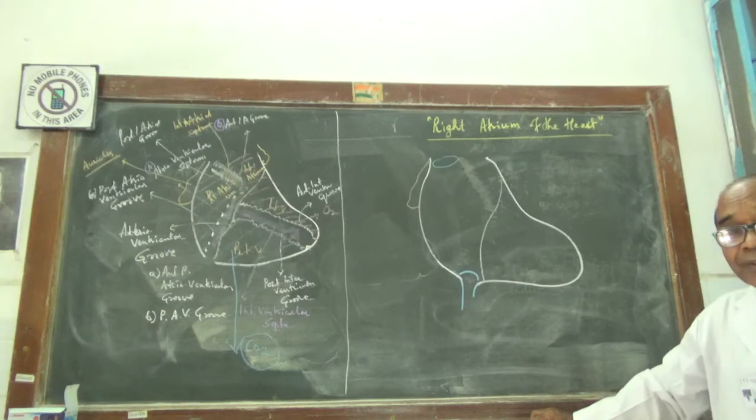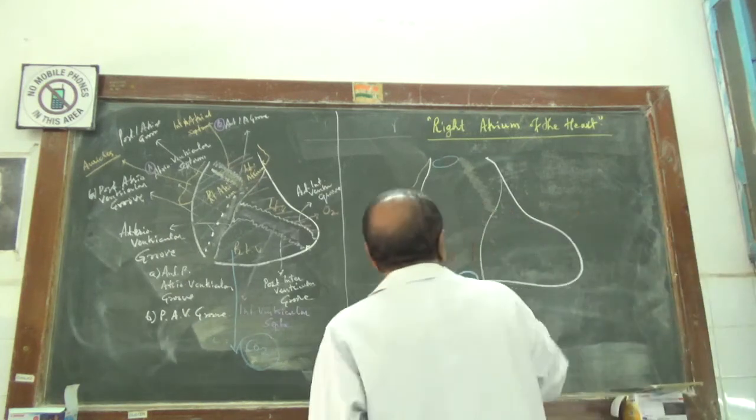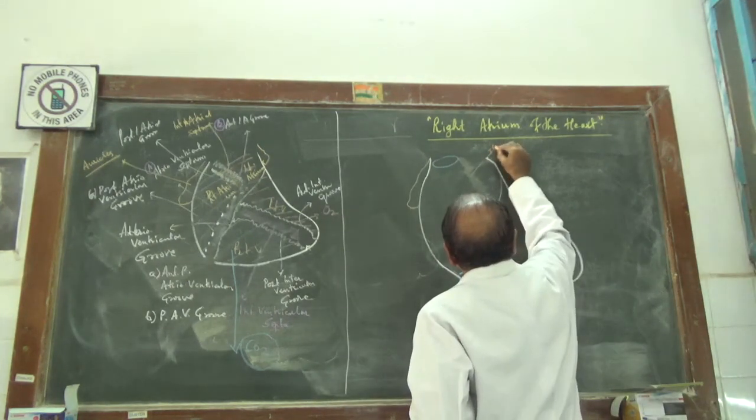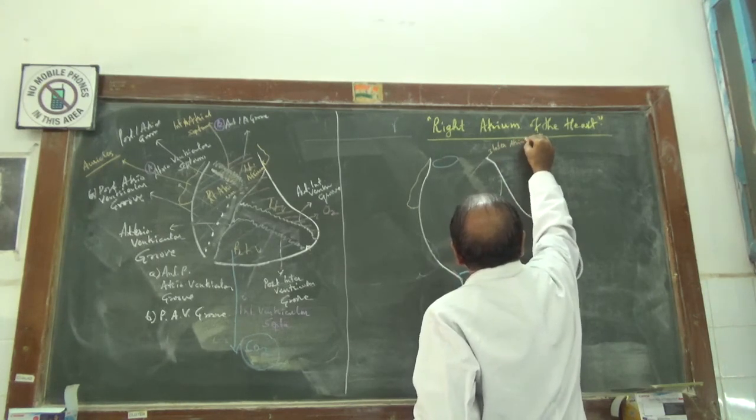And this right atrium is separated from the left atrium by means of the interatrial septum.